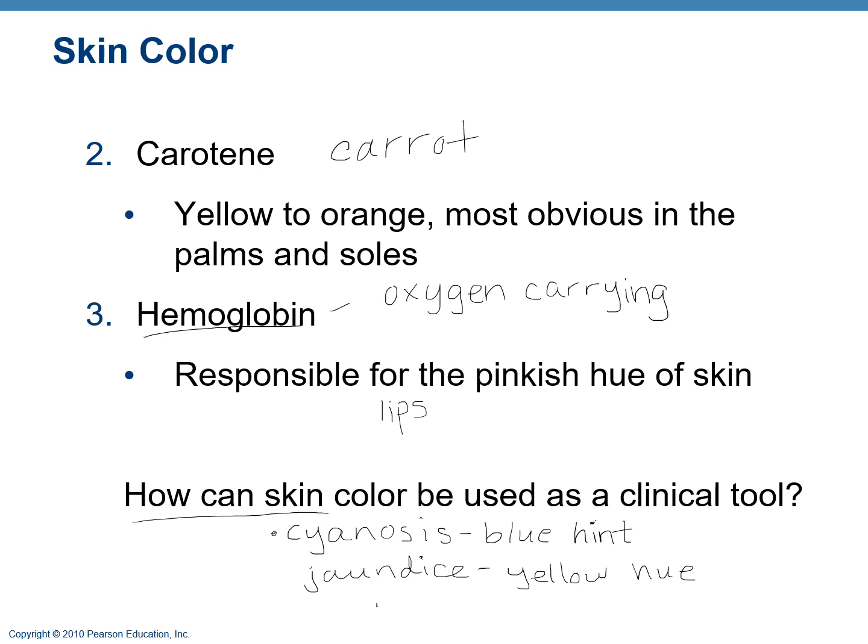Also pallor, which would be pale skin, and that might be due to lack of oxygen as well in some cases. So there are a number of fairly obvious signs that you can look for in a clinical setting that might be indicative of certain problems.